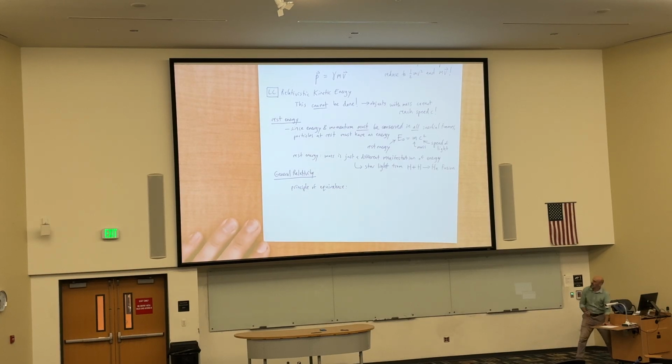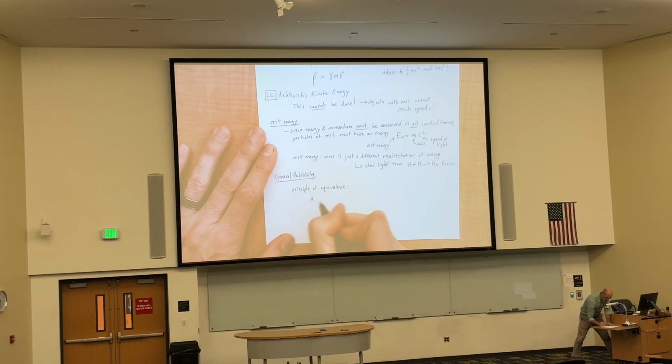General relativity relies upon the principle of equivalence, which says that a gravitational field is equivalent to an accelerated frame of reference in the absence of gravity.